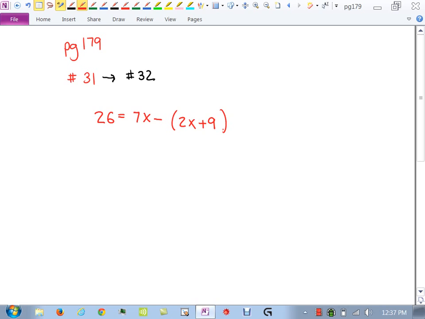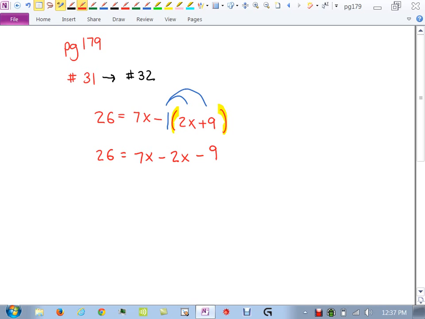First thing, we have a linear equation, and the first step for linear equations is to remove grouping symbols. So I'm going to remove these parentheses by distributing that negative sign, which we talked about as being a -1, through the parentheses. -1 is going to go through. Everything else gets rewritten. 26 equals 7x minus 2x minus 9, okay?